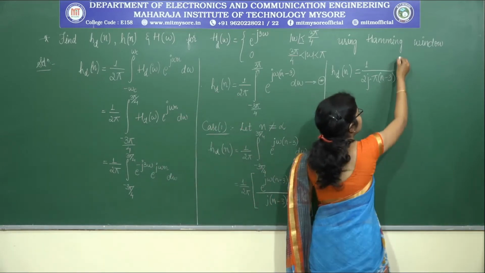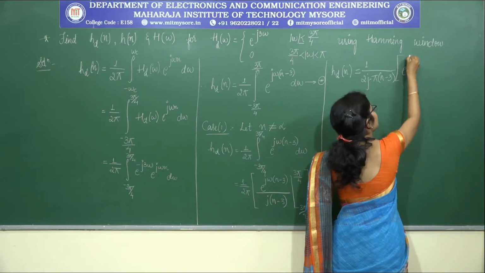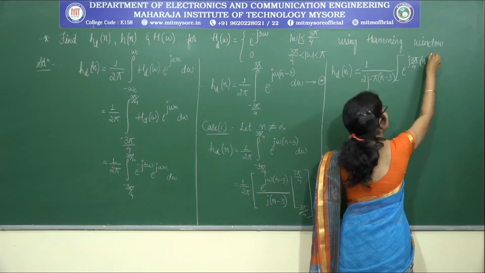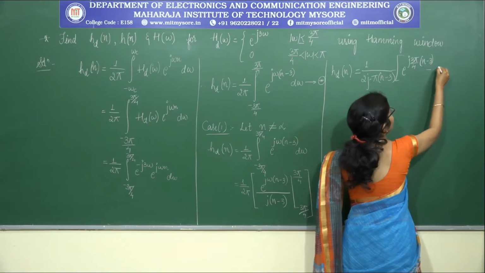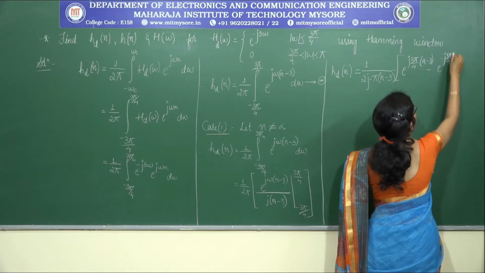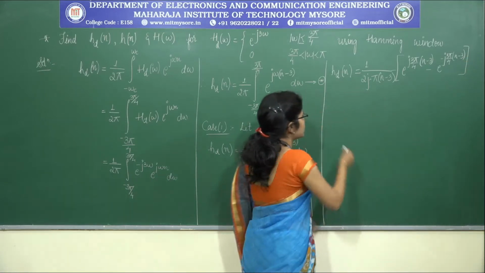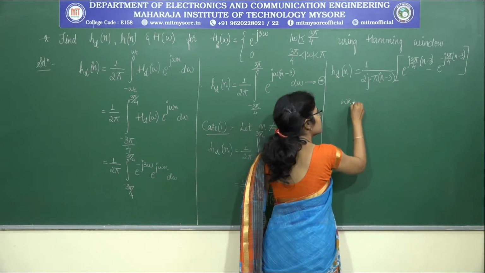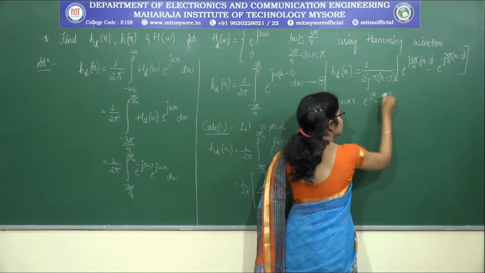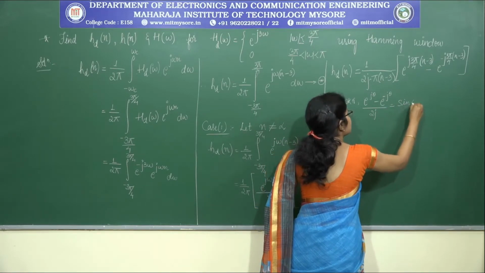The equation will be e power j 3 pi by 4 into n minus 3 minus e power minus j 3 pi by 4 into n minus 3. Now we know the standard equation: e power j theta minus e power minus j theta divided by 2j is equal to sin theta.